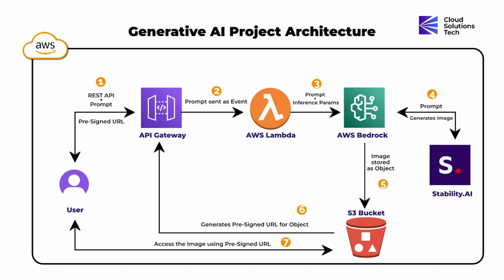Whether you are automating creative workflows, generating personalized content for users, or even building AI-powered microservices, this project showcases how to leverage AWS services to integrate cutting-edge AI technology into your DevOps workflows.